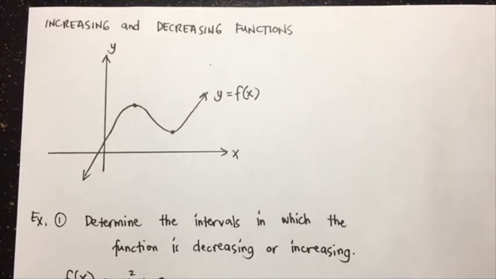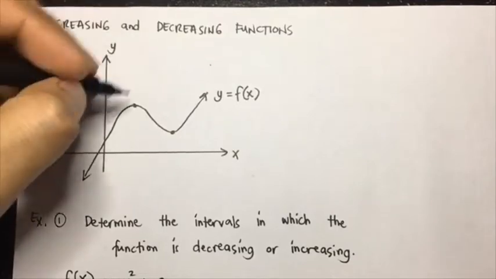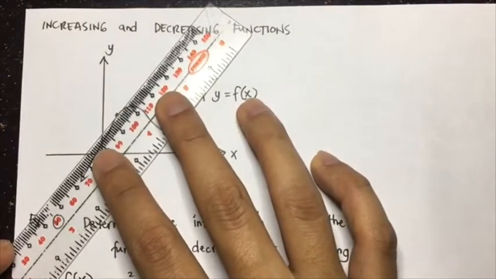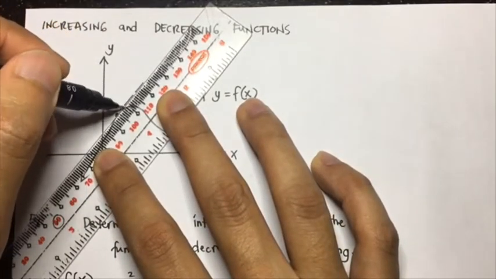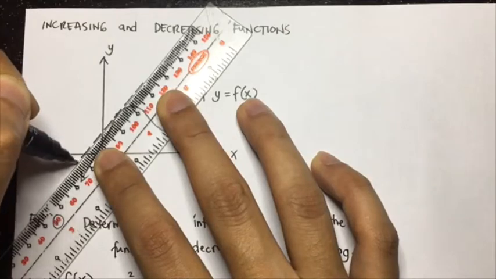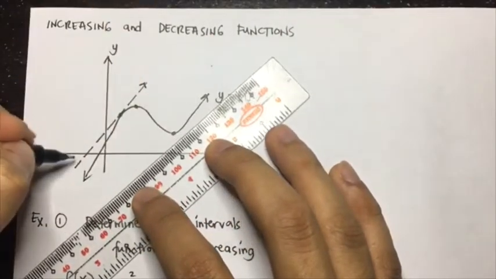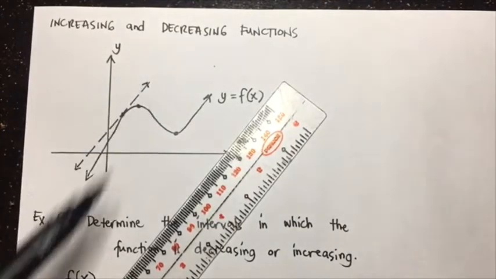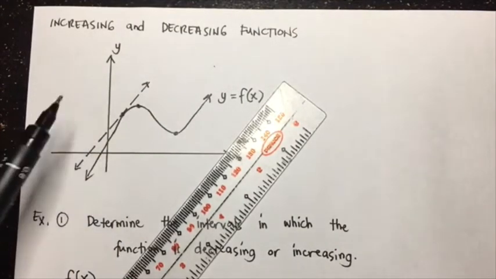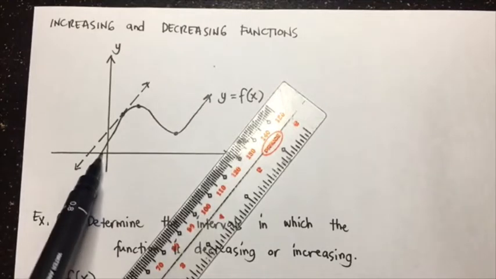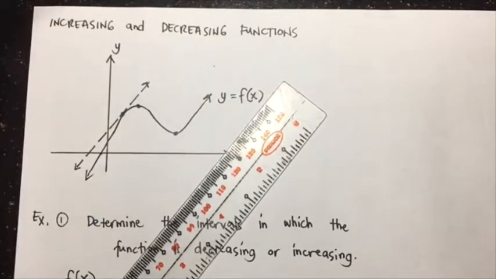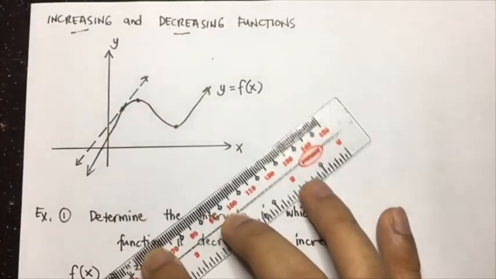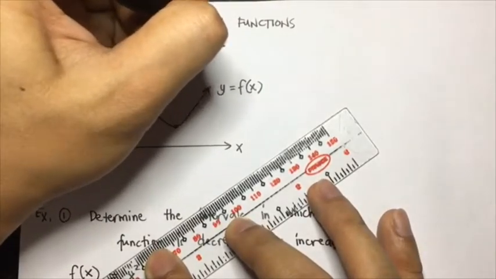Say for example, in this part of the graph, if we draw a tangent line here, as we can see, the tangent line will have a positive slope, because it is inclined to the right, from left to right, so it is increasing. Similarly, the graph is also increasing. Take note, by describing if it's increasing or decreasing, we are reading it from left to right.